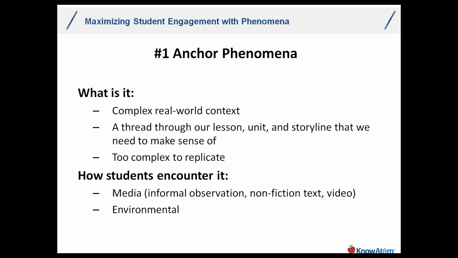But students can encounter it through informal observation in their everyday lives, through nonfiction text, through video, through environmental interaction, if you live in a community where maybe there are forests or trees.